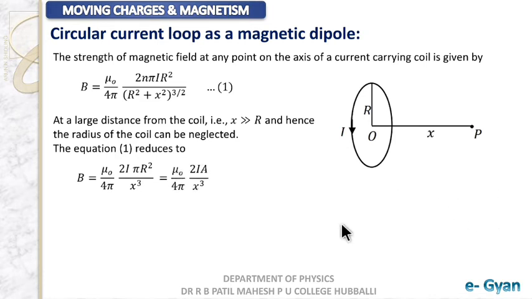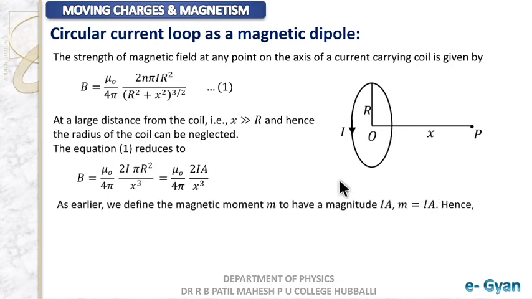Moving ahead, pi r square can be written as A, that is area of the loop. So we get mu naught divided by 4 pi into 2 I A divided by x cube. As earlier we have defined that magnetic moment can be written as I into A, this equation comes out to be B is equal to mu naught divided by 4 pi into 2m divided by x cube.